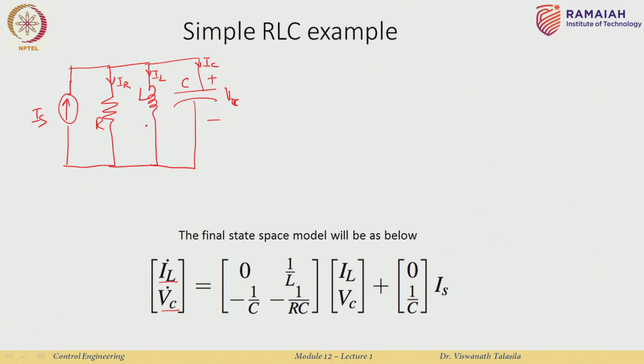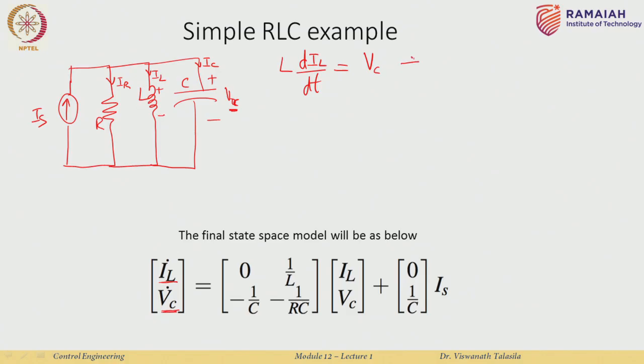Okay. So, how are we going to write the equations for this one? First, we are going to focus on Vc and then on IL. If you look at the current through the inductor, we know that the voltage drop across the inductor is given by the constitutive relationship, which is L dIL by dt equals V. Specifically I can write it as Vc, because the voltage drop across the capacitor is the same as the voltage drop across the inductor, which is in parallel with the capacitor.